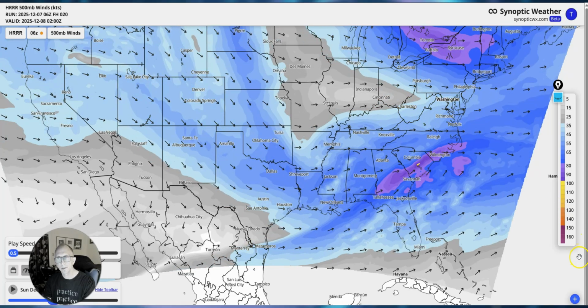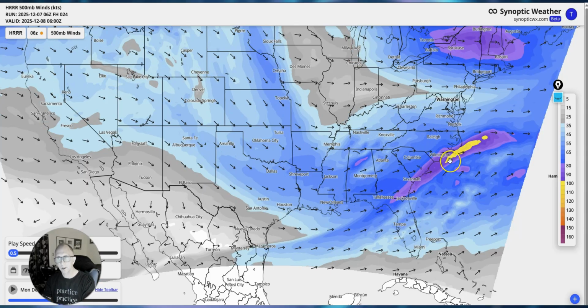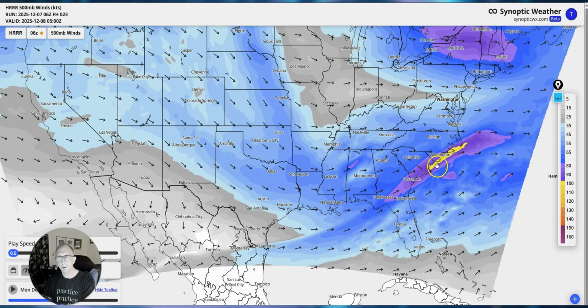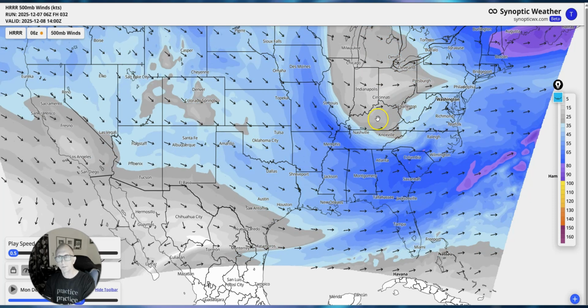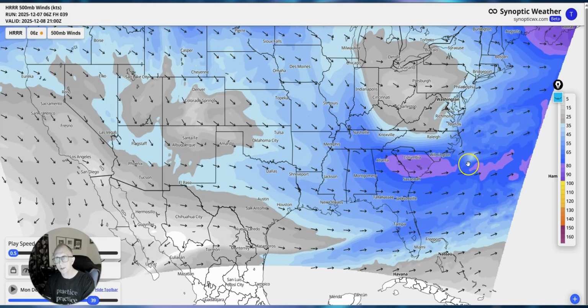Sunday. And you see why we have something developing here. You have an enhanced 500 millibar flow right here. See the trough to the west, and you get the idea that there's a low pressure developing right here. See that? So that's at the mid levels.